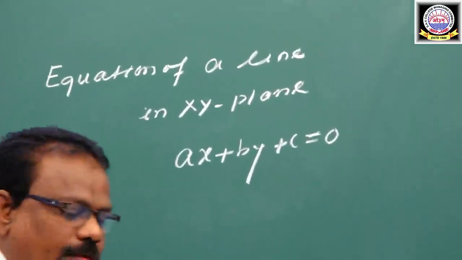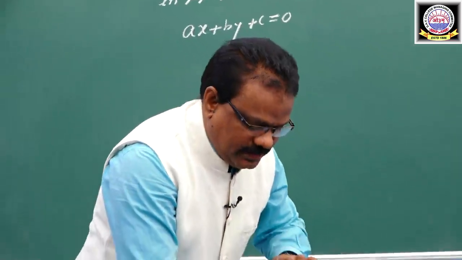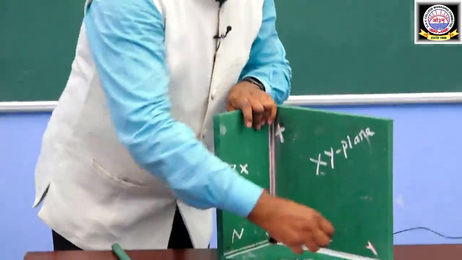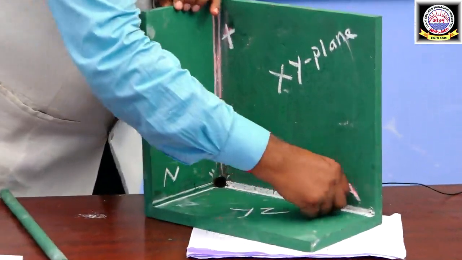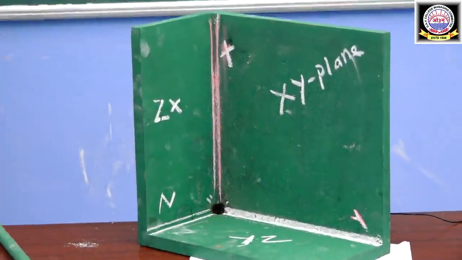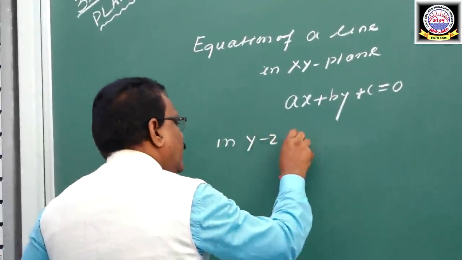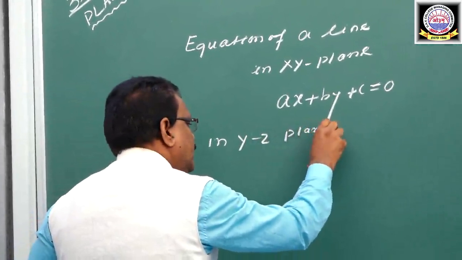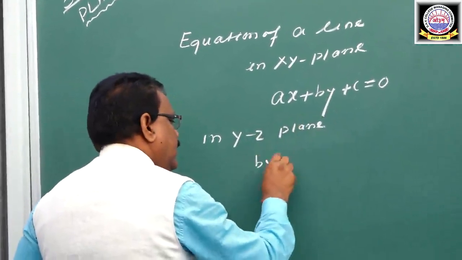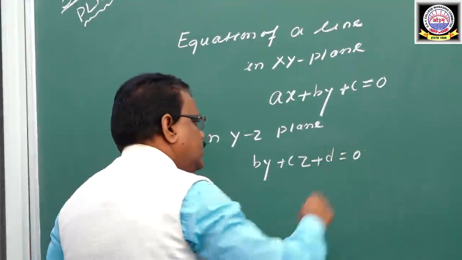Suppose I draw one straight line on the yz plane. This is the yz plane. In the yz plane, what will happen? The equation will be something times y, plus something times z, plus some constant, is equal to 0.